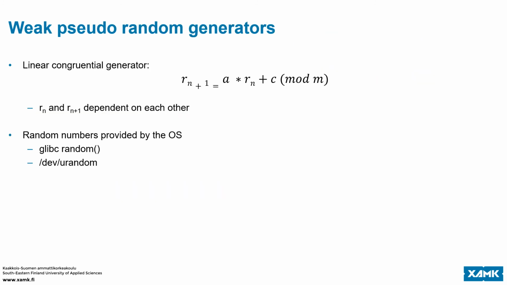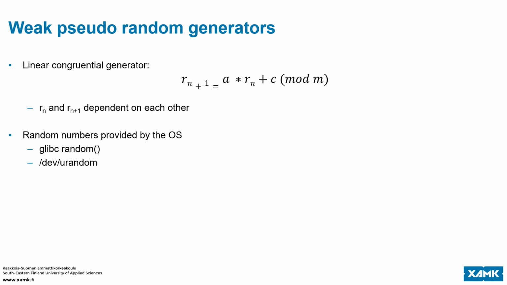Finally, there are some known weak pseudo-random number generators that we really should not use for the purpose of encryption. So first, there's the linear congruential generator, which is basically just a formula that calculates new random numbers or pseudo-random numbers based on some previous seed value.